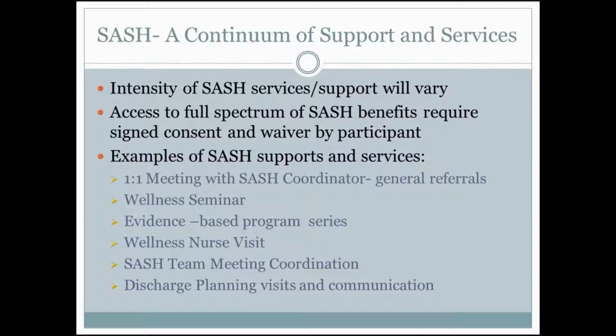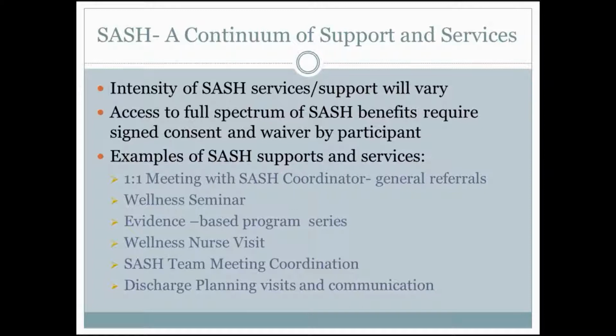These can happen on a varying frequency rate. So if you have someone that is just coming home from the hospital, it could be that the wellness nurse is going to check in on them once a week. Other people, maybe they're set up on a once every 2 weeks or once a month kind of face-to-face. Again, it's going to depend on your participant. So that's why this continuum is there.